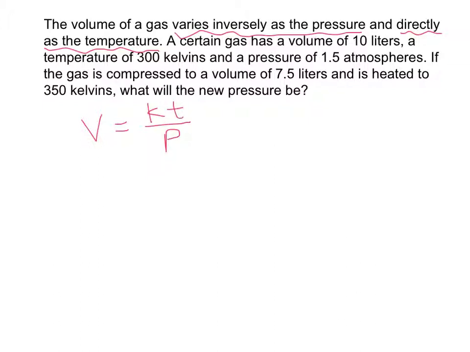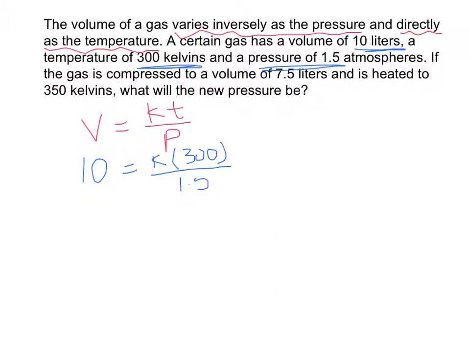So a certain gas has a volume of 10 liters, temperature of 300 kelvins, and a pressure of 1.5 atmospheres. That's the specific problem that'll help us find K. Volume is 10 equals K times temperature, 300 kelvins, divided by 1.5, which is that pressure.